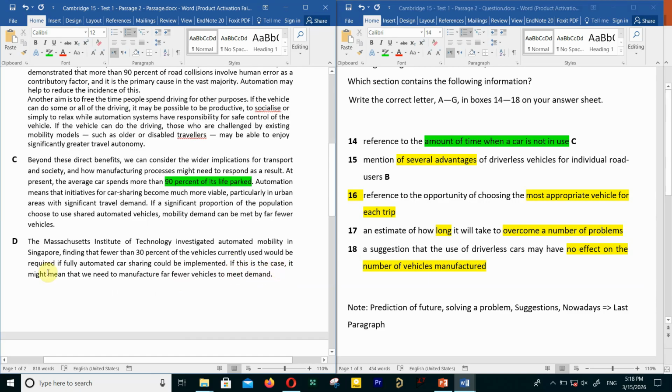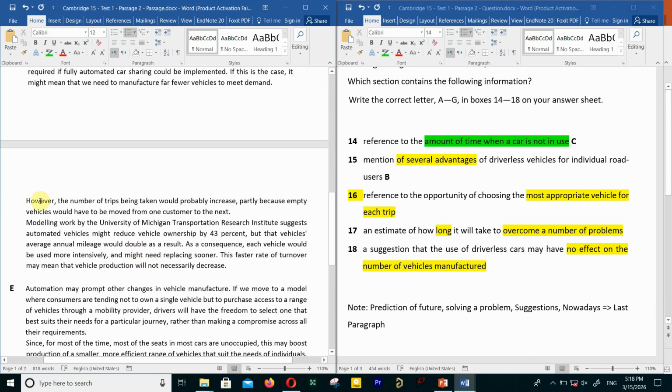If this is the case, it might mean that we need to manufacture far fewer vehicles to meet demand. Okay, however, important vocabulary to notice. The number of trips being taken would probably increase, partly because all of this is talking about the number of vehicles manufactured.